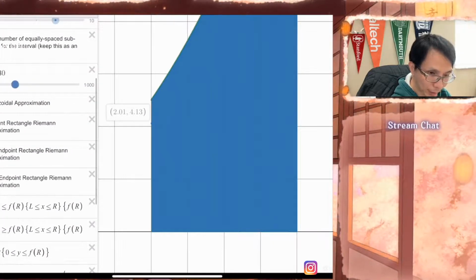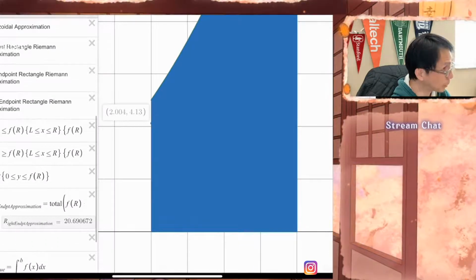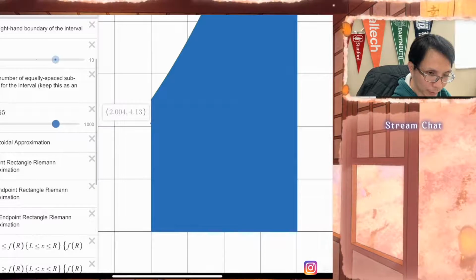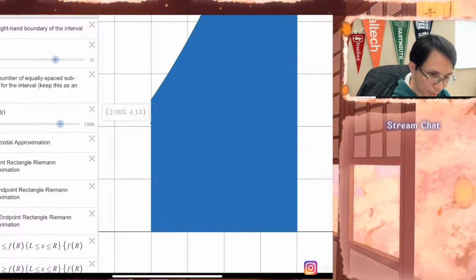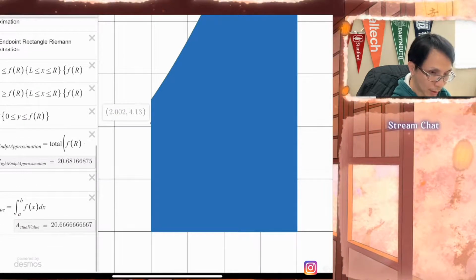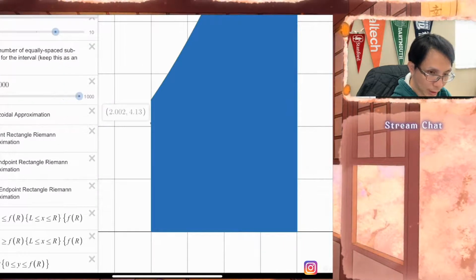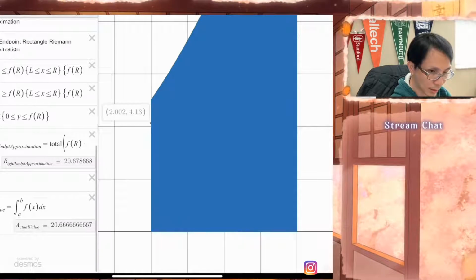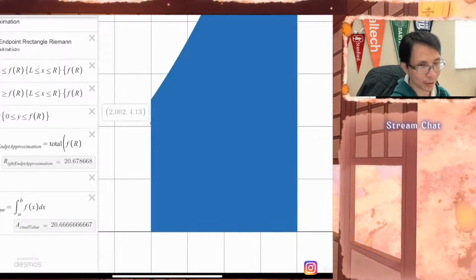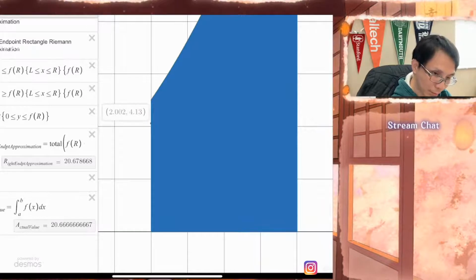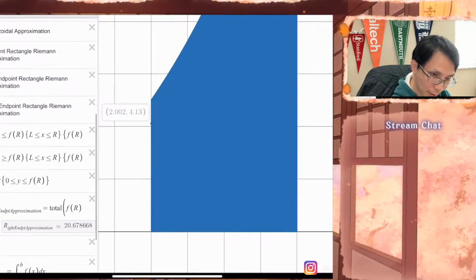And if I break it into 500 pieces, 20.69. If I break it into 800 pieces, it's already pretty accurate. If it's 1,000 pieces, it's almost just as accurate as the other one, actually. Oh, sorry, that was a bad illustration.